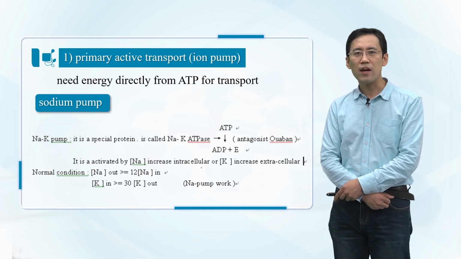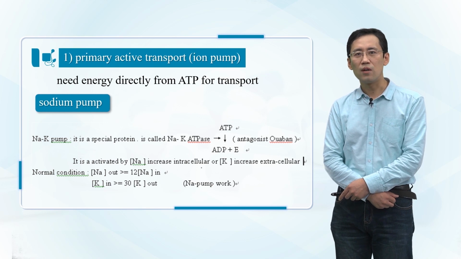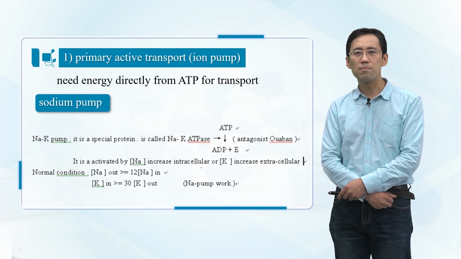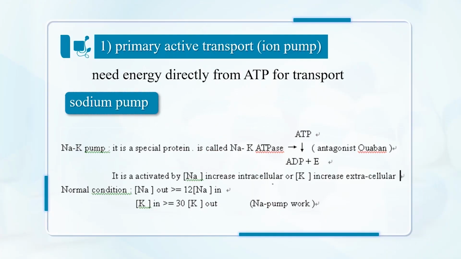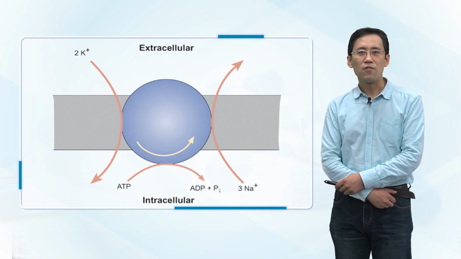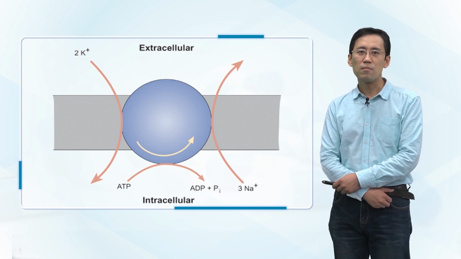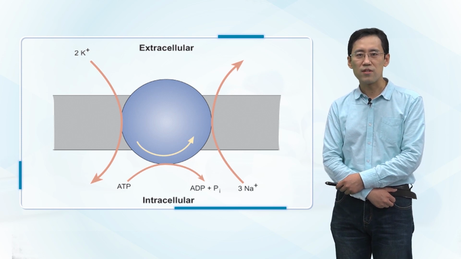The primary active transport, also called ion pump, needs energy directly from ATP for transport. The most classical pump is called the sodium pump. Sodium is transported from intracellular to extracellular, and at the same time potassium is transported from extracellular to intracellular.